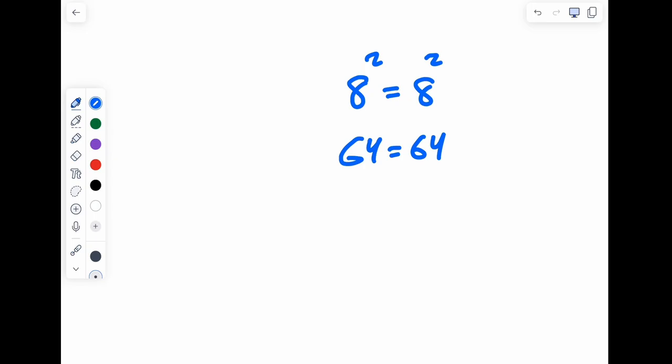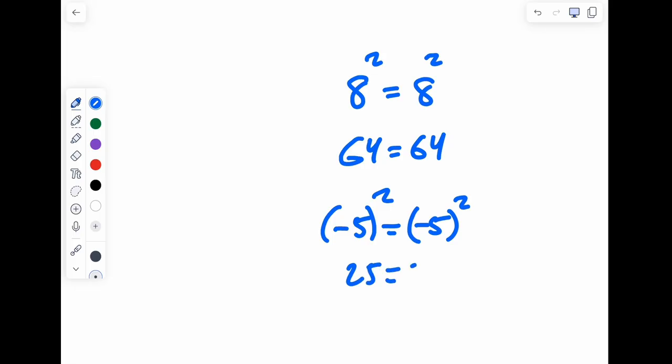We want true things to stay true. So that's great. If something's true, it's going to stay true. Same thing if I have negative 5 equals negative 5. If I square both sides, I get 25 equals 25, still true. So true things stay true. That's really important when you're doing operations on both sides. You need true things to stay true.